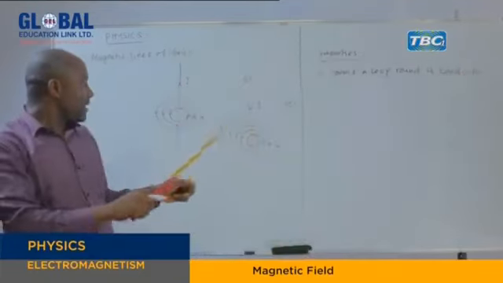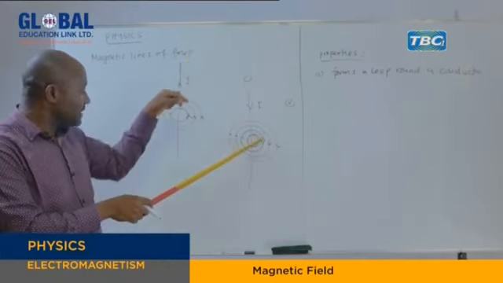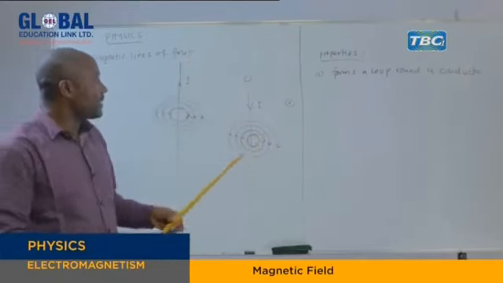So they form a loop around the conductor. That's property number one. Property number two, you can see the way the magnetic line of forces are originating in these different diagrams, when the current is coming out of the plane and when the current is going into the plane.